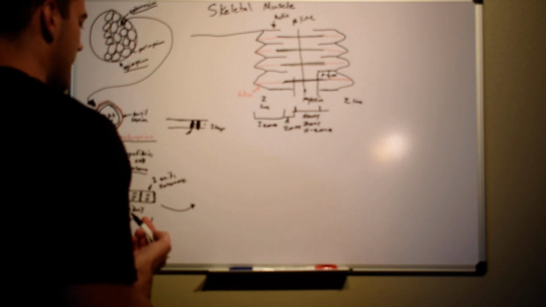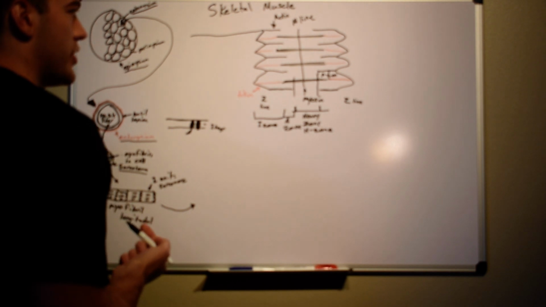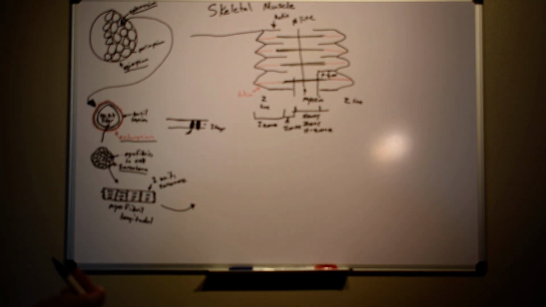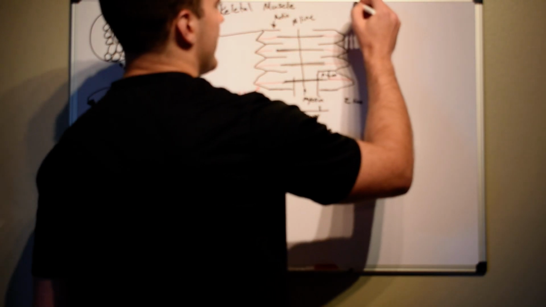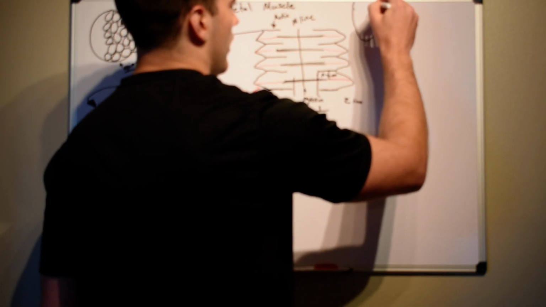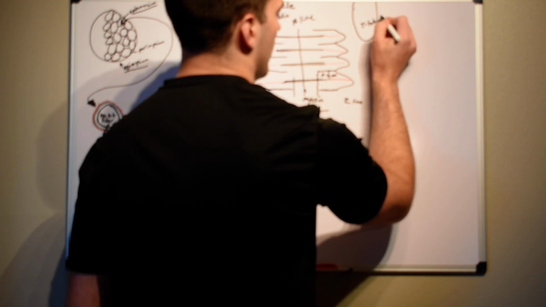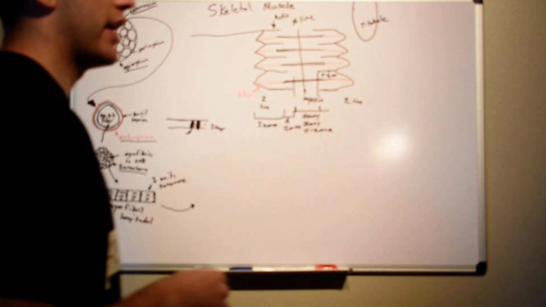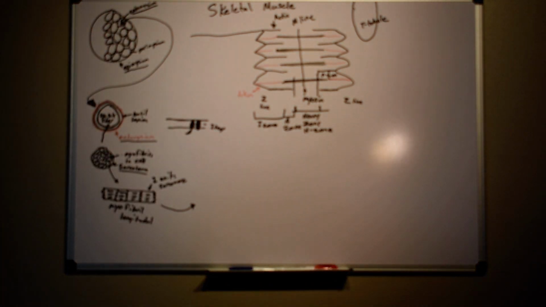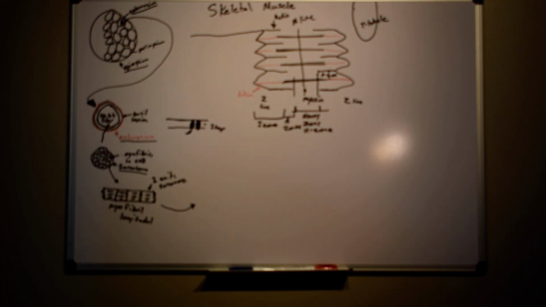And along some of these chains, or in between some of these chains, you're going to have things coming down called these T-tubules. They're just like invaginations into the cell that allow a depolarization to reach deeply into it.